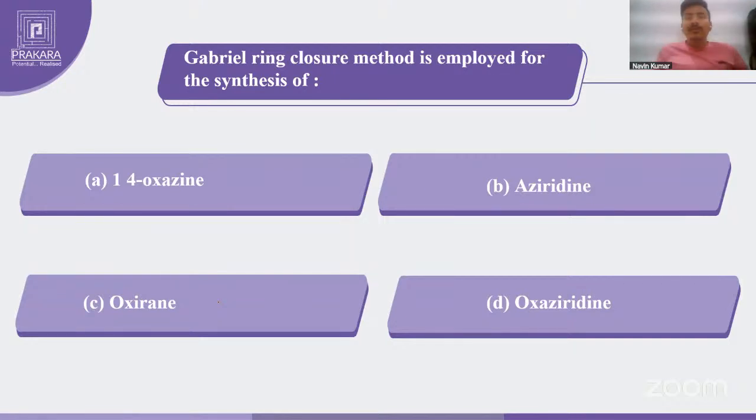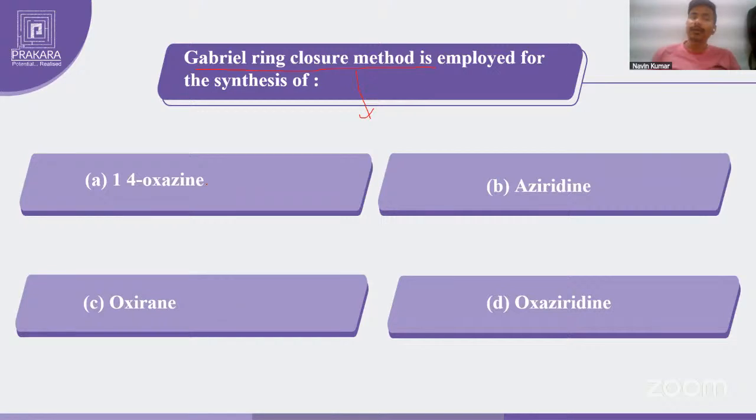Now, a few times direct questions appear, and this one is an example of a direct question. The Gabriel ring closure method is employed in the synthesis of which molecule?